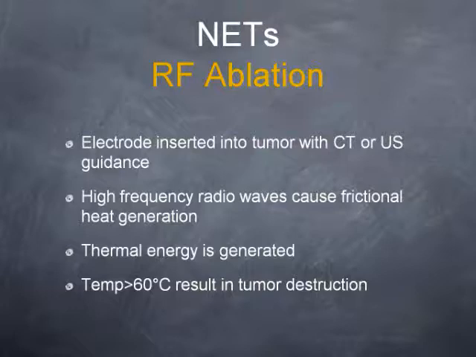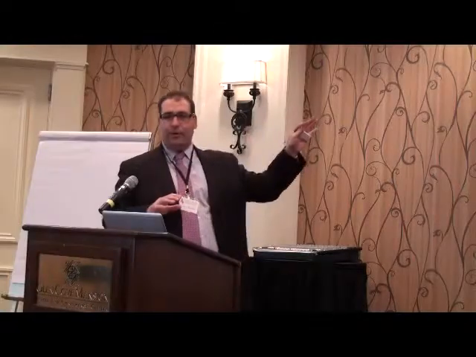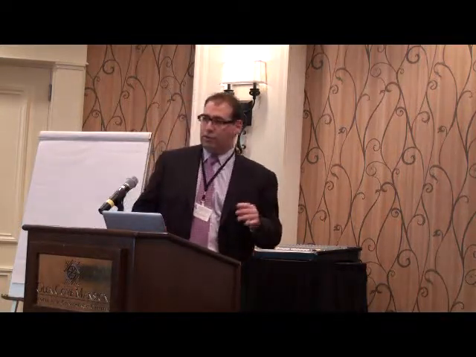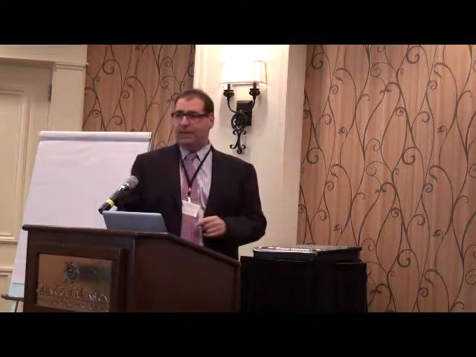And we heat the tumor over a period of time, and that thermal energy results in temperatures that result in tumor destruction. So if you had one of those livers with 75 lesions, this is not going to work. But if you had 1 or 2 or 3 lesions and they were relatively small, this can be an excellent option.